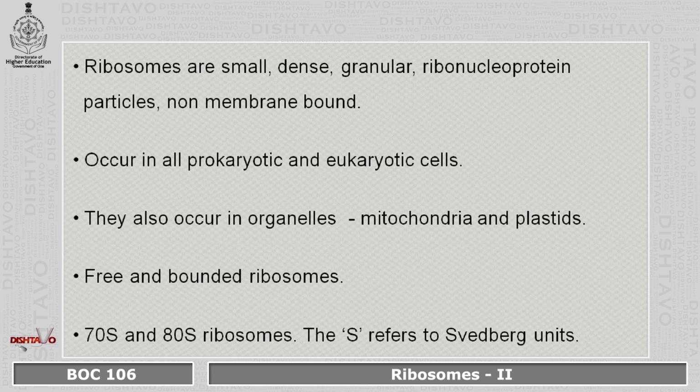Ribosomes may be free or bounded. They may be freely found in the cytoplasm, or they may be bounded or attached to the endoplasmic reticulum and nucleus. In 70S and 80S ribosomes, the S refers to the Svedberg unit.